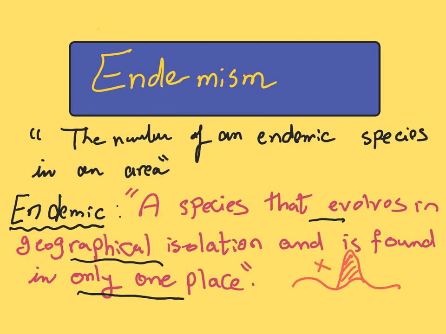So in these two areas, the organisms are going to evolve in different ways, producing two different species. Because the organisms cannot go to the other area, they exist only in this area, and we call them endemic to this particular area of land.